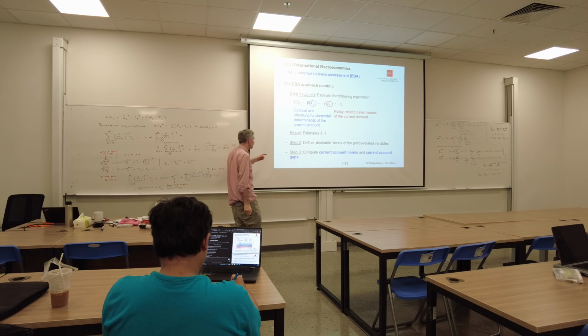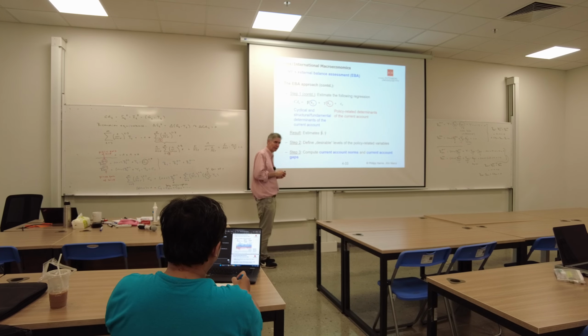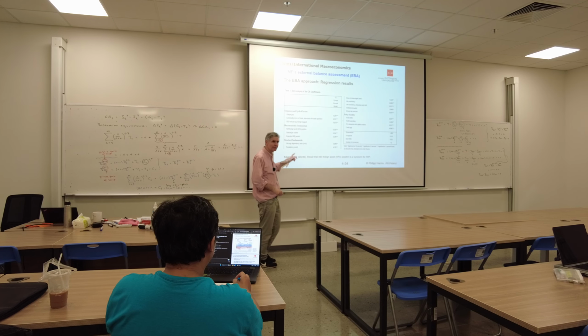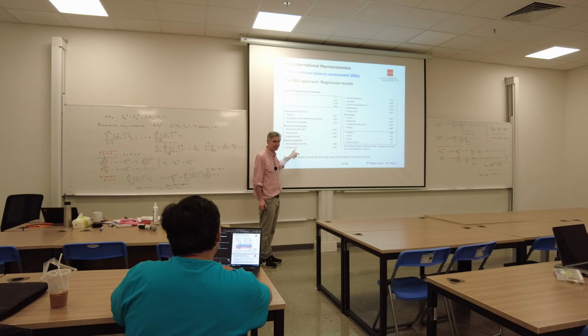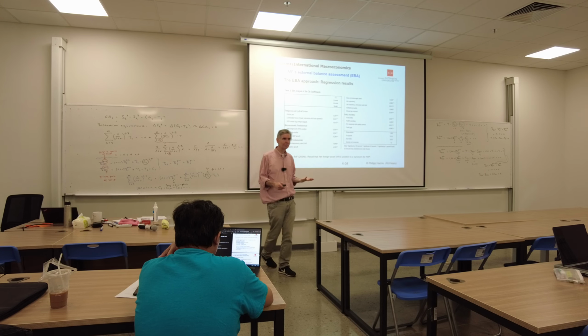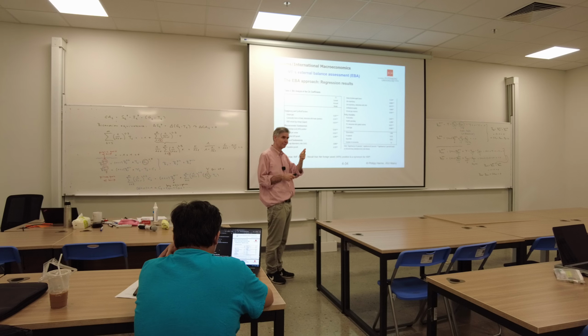The third step is to compute current account norms and current account gaps. Now let me show you how that's done step by step. This is the output of the IMF's EBA regression, and this is what we're going to do tomorrow, because the IMF is kind enough to provide a data set and the do file you can download.